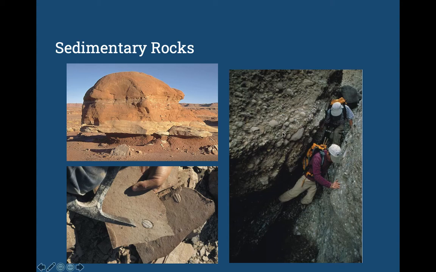Conglomerate is where we have gravel and big boulders and cobbles that get lithified. You can see the big rocks inside here. It's all the same process, just different grain sizes. You can also see in this shale we have little fossils.